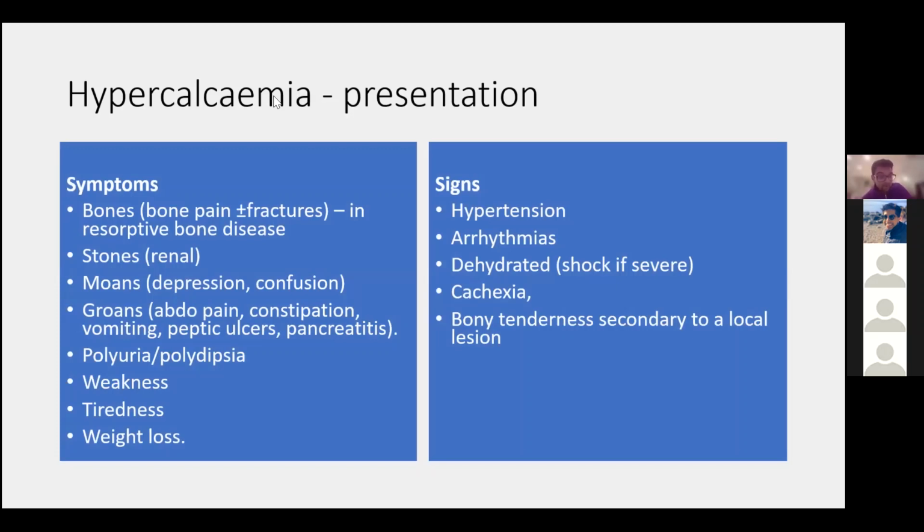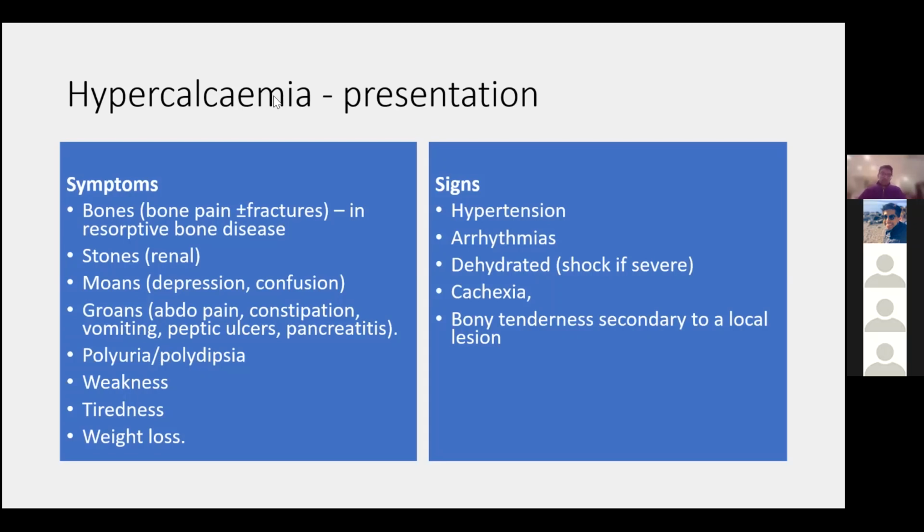They often have psychiatric symptoms of depression and confusion, and they often have abdominal symptoms, so abdominal pain, constipation. They may get peptic ulcers and pancreatitis as well. Thinking about other features, they may have polyuria, polydipsia, weakness, tiredness, and some weight loss.